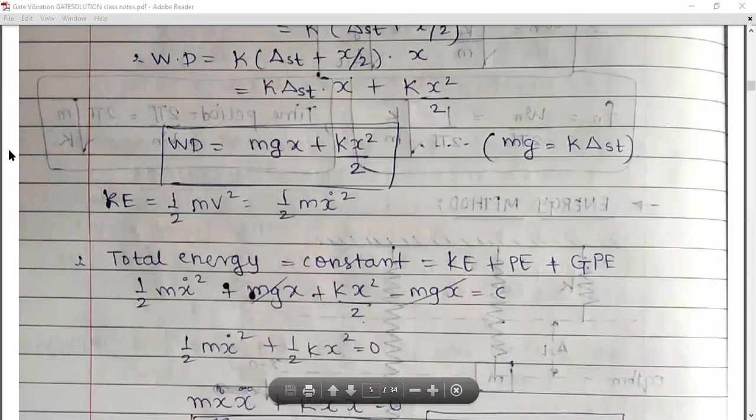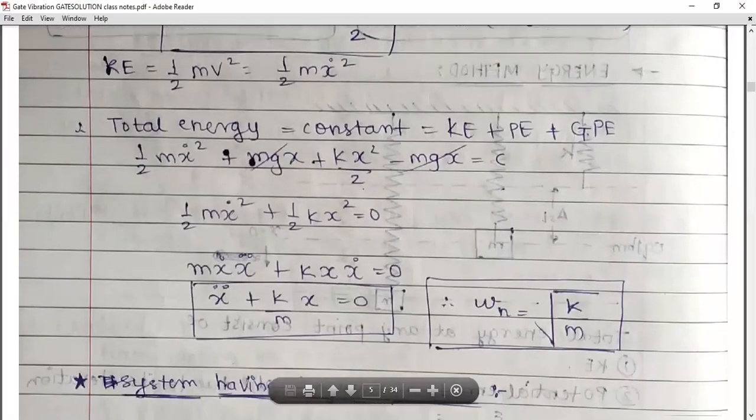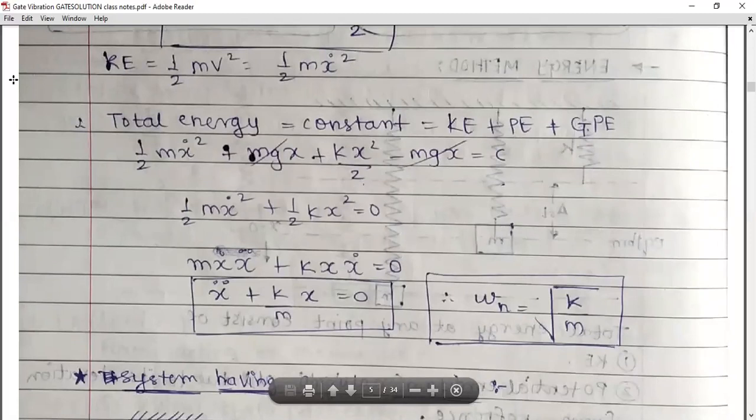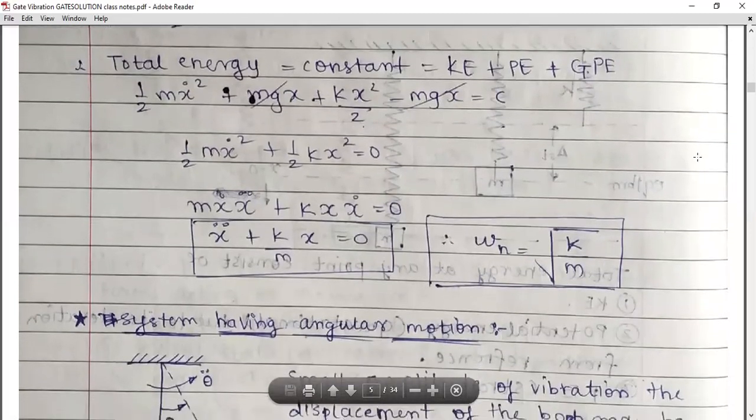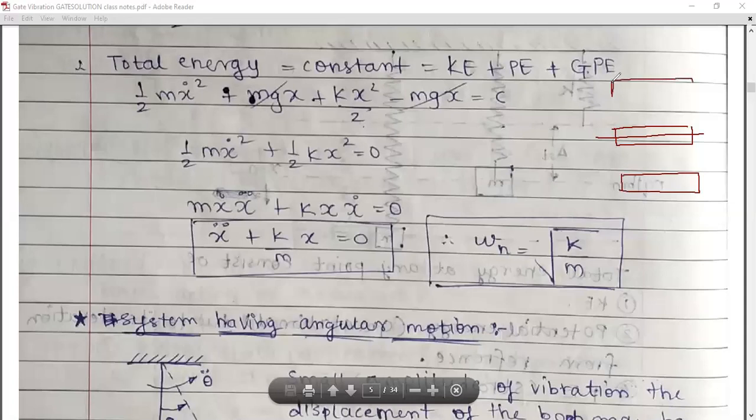Now when I say this is an energy method, one thing to always remember is that the total energy at any particular point is what matters. Suppose the body is at the mean position, and second, at the maximum displaced position on the upside and downside.